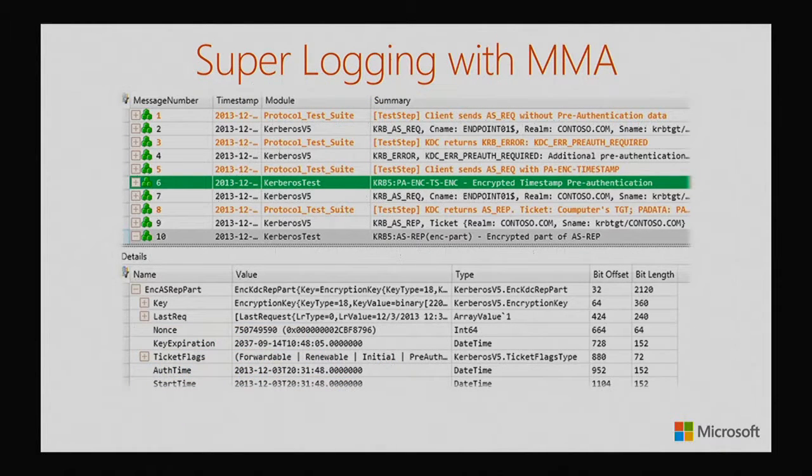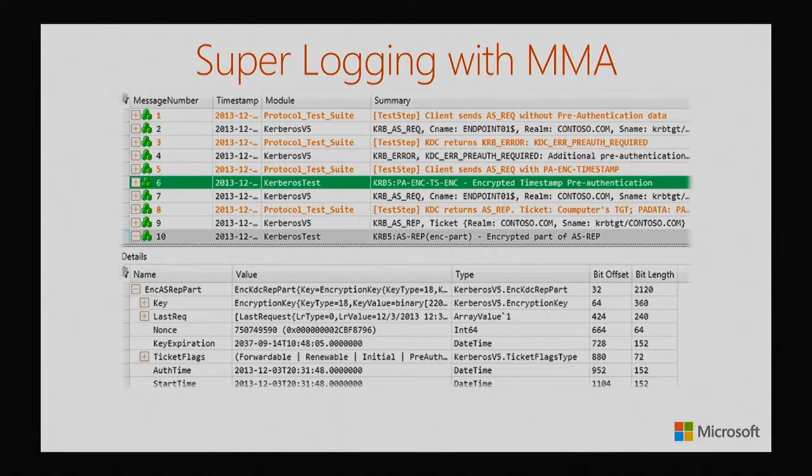This is just one example of the three different logs from the test suite. So you can use the MMA to view the test log. The brown color lists the protocol test suite module name. It is from the test suite. And then the black color is from Kerberos V5. It's the network messages.